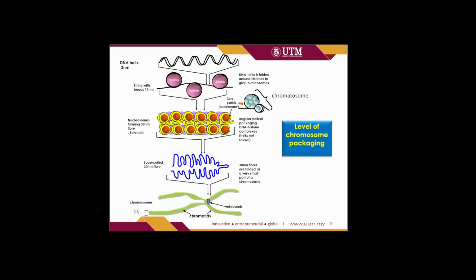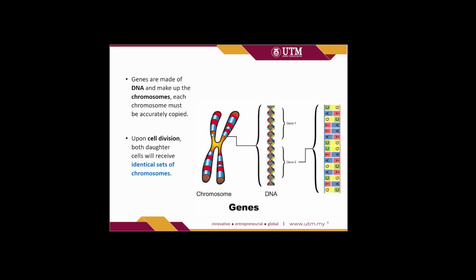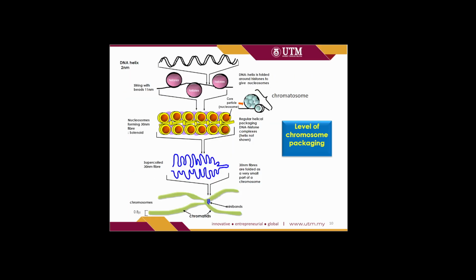As shown here, inside the chromosomes, this is how the DNA wraps itself. The DNA has a double helix. It wraps itself around the histones and bends by 9 to 11 nanometers.